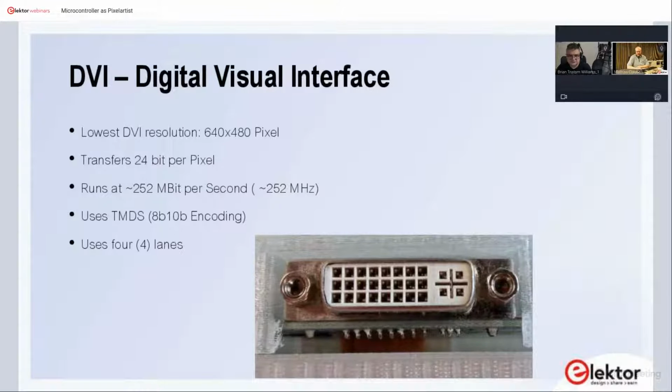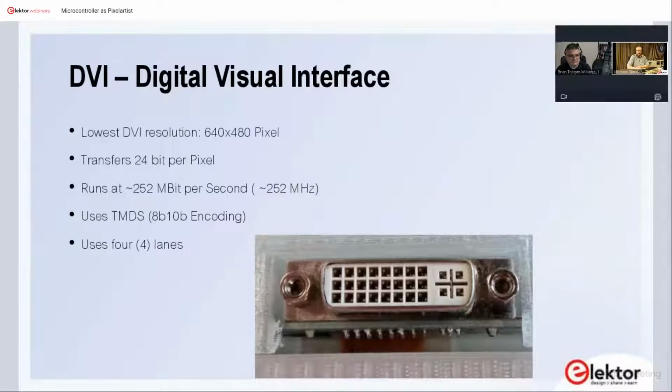And besides the VGA and stuff, we have also the digital video interface that's around. There is no analog output any longer, just digital pixel transmissions, red, green, blue separated, and also just a clock line. And they are running around 252 megahertz for the lowest resolution, 640 by 480, 24 bits color per pixel, 8 bits per color.